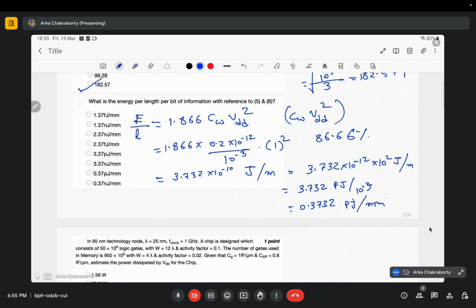This is the correct answer, 0.3732 picojoule per millimeter. Basically it was 10 to the power minus 2, so I included 10 to the power minus 1 here, and in the numerator also I have included 10 to the power minus 1, so it has become 0.37 picojoule per millimeter. Okay.